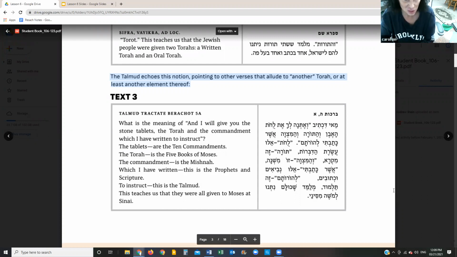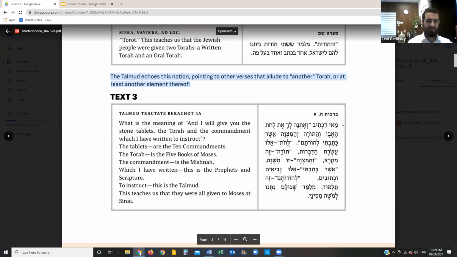The tablets are the 10 commandments. The Torah is the 5 books of Moses. The commandment, the Mishnah, which I have written, this is the prophets and scripture. To instruct, this is the Talmud. This teaches us that they were all given to Moses at Mount Sinai.